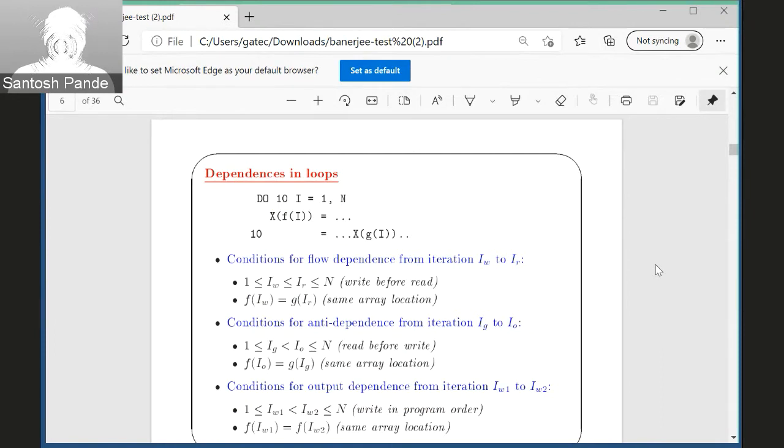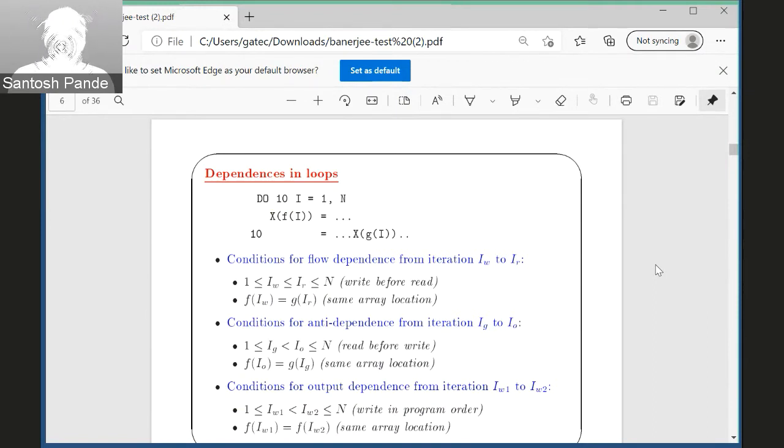There is an array X, and f of I is the index function, which maps the iteration space 1 to n onto the array space. g of I is a similar but different function, which again maps the iteration space into array space. X of f of I is a write and X of g of I is a read, and therefore we can test for different kinds of dependences if they exist within the loop nest.